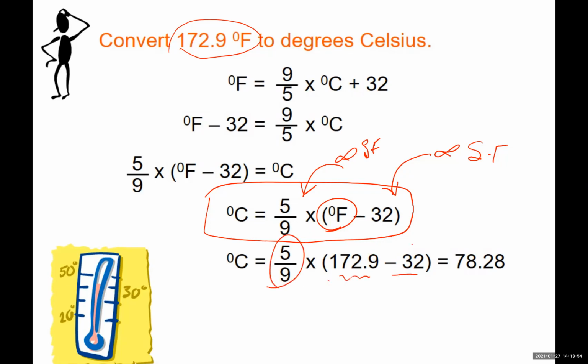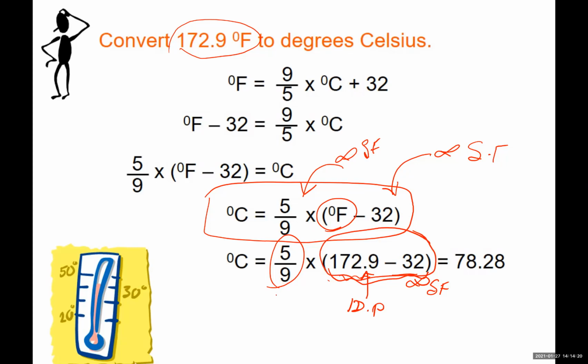172.9 minus 32. Again, if you are subtracting, you should have the minimum decimal places. This has infinite decimal places. This has 1 decimal place. So when you subtract this, the answer must have 1 decimal place.